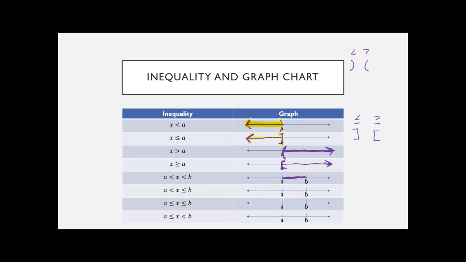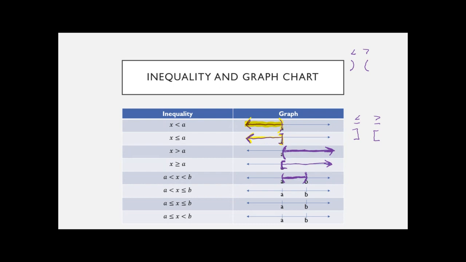And they both have less than symbols. But in this case, the parentheses that you use for a less than, they always face towards the shading. So this is one case where the less than is actually using the other parenthesis, because you always face the shading.